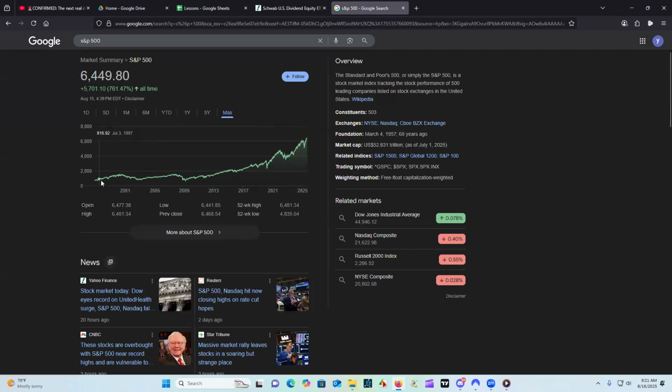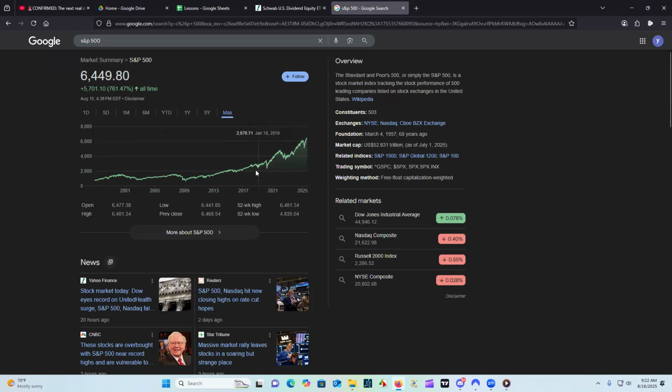Okay, so over time, the S&P 500 index, with those 500 biggest companies in the U.S., has done pretty well. This is back in 1996. Now it's 2025. During this time period from 1996, it's gone up.